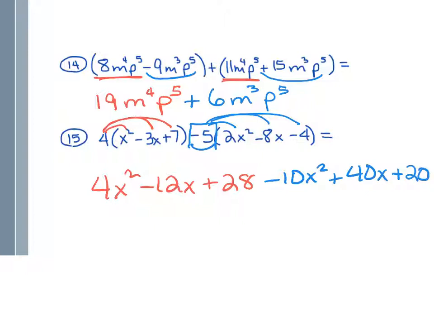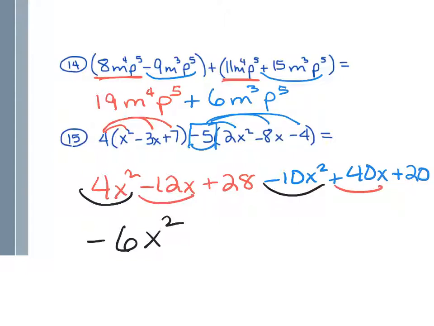Now that I've distributed, now I need to go back and add my like terms. So again, I've got some x squared terms that I can combine. So 4 minus 10, or 4 plus -10, however you want to think of it, is -6x squared. Then I'm going to add my x terms.